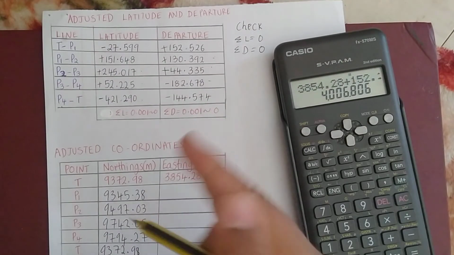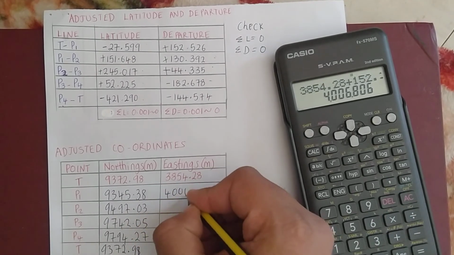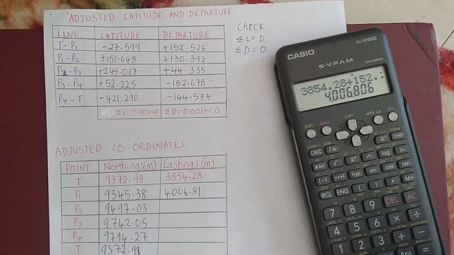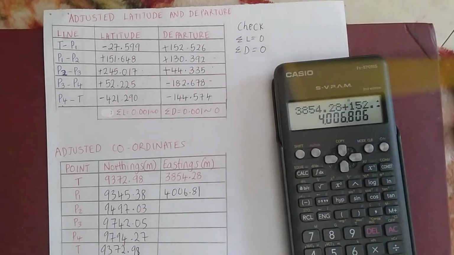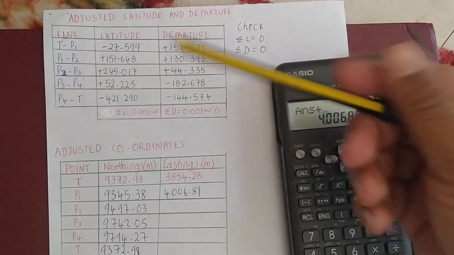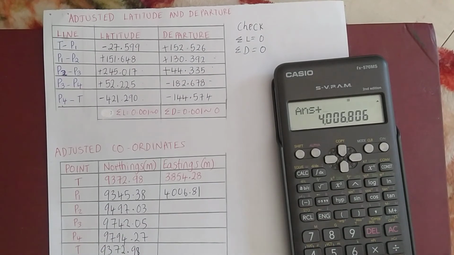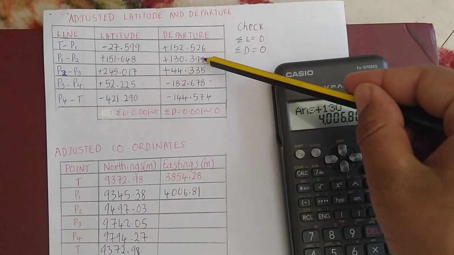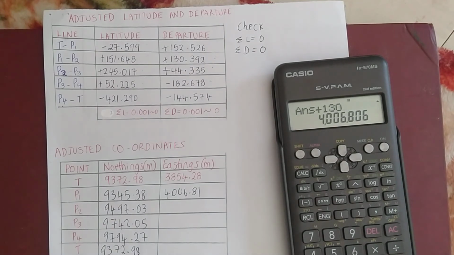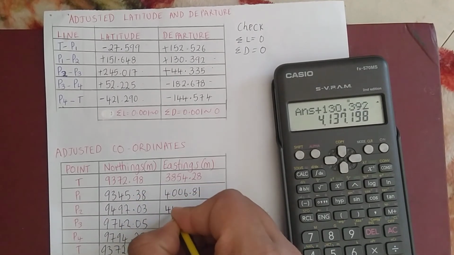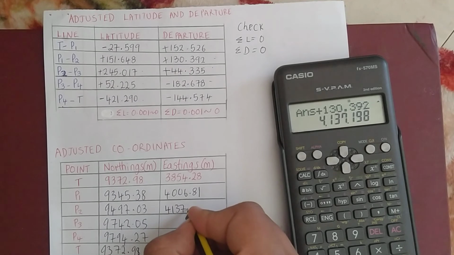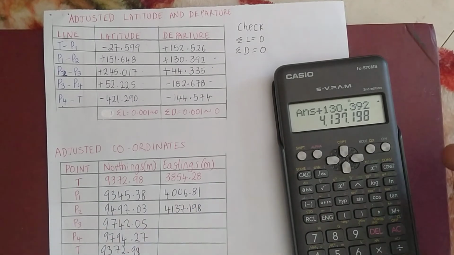So my P1 will be 4006.81, and then I'll take this one and add the corrected departure of line P1, P2, which is 130.392. So I'm getting it as 4137.198.